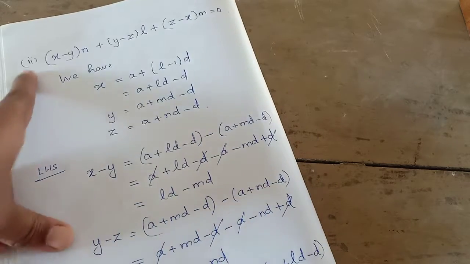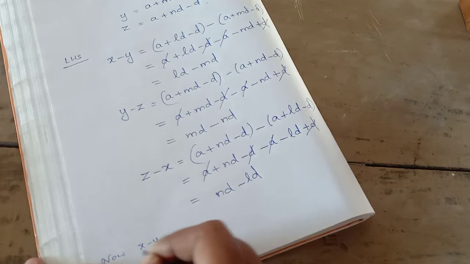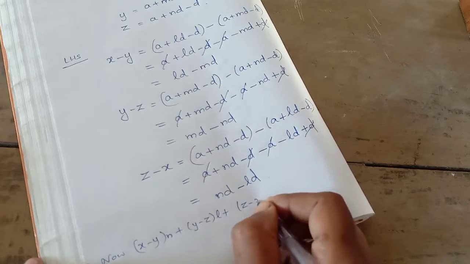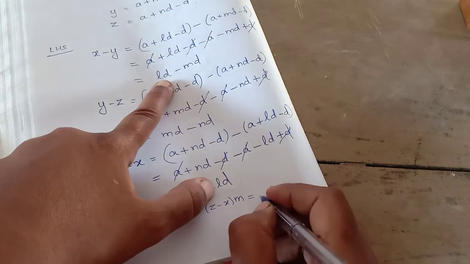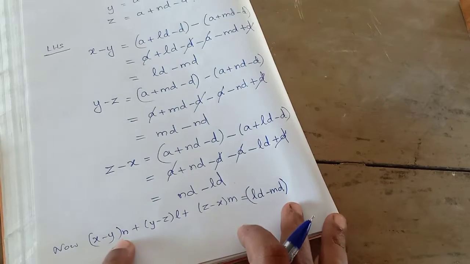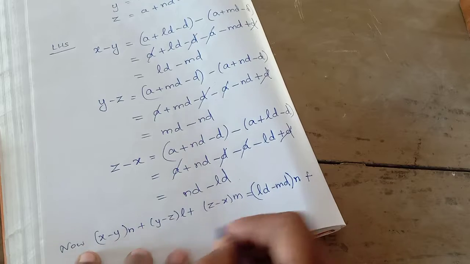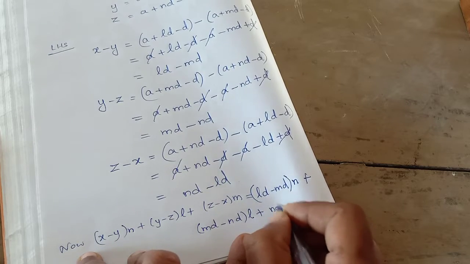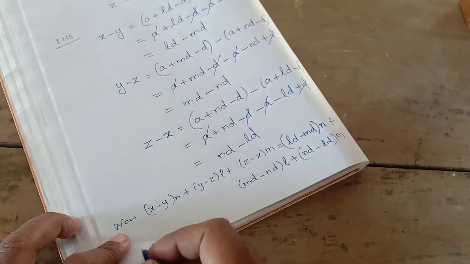After that we are going to multiply with the N, L and M. Now X minus Y into N plus Y minus Z into L plus Z minus X into M, which is equal to X minus Y. What is the answer? We already found. LD minus MD into N. Just write N plus Y minus Z, MD minus ND into L plus ND minus LD into M. Just multiply all the terms.